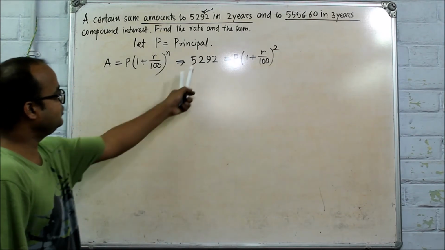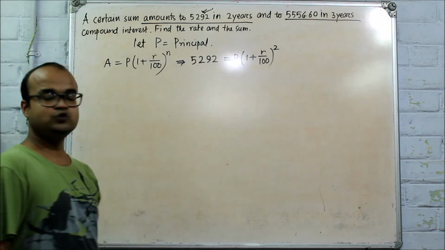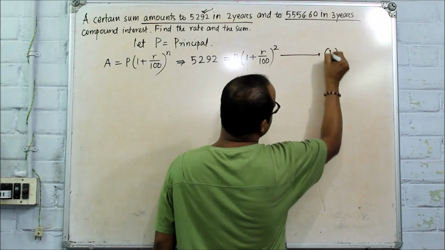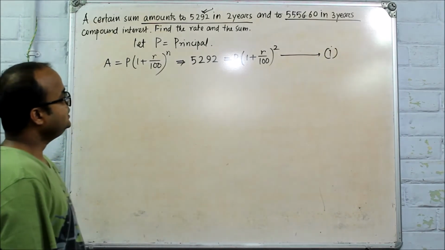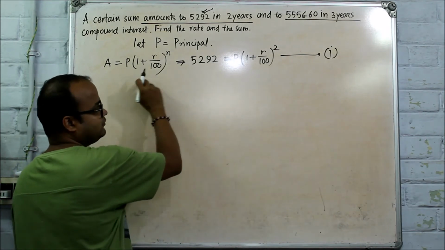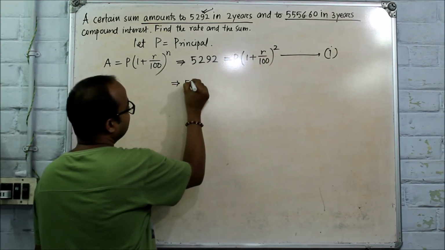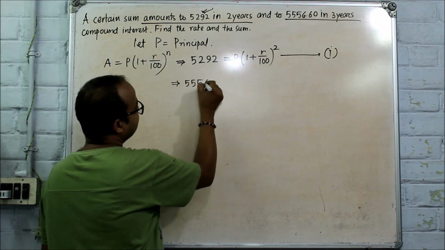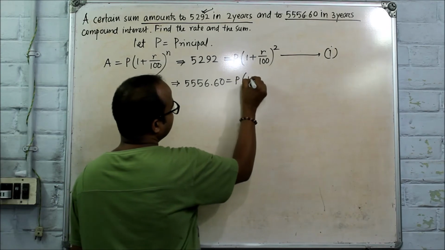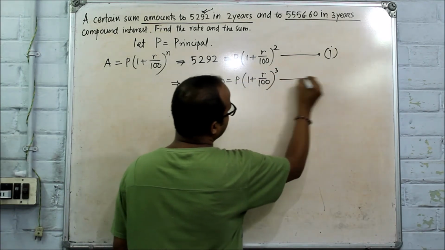Clear? Amount is equal to P into 1 plus R by 100, time is 2 years. So this is number 1. Now if we apply this formula for the second part, then we can write 5556.60 is equal to P into 1 plus R by 100 to the power 3.